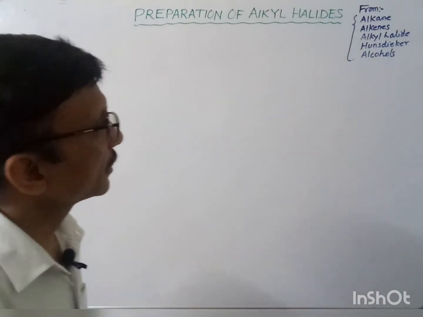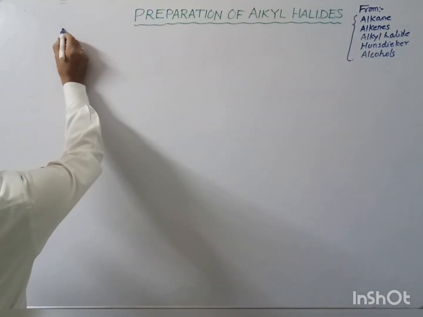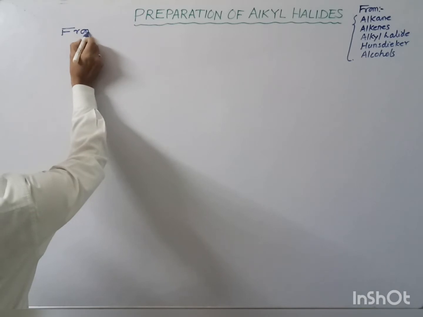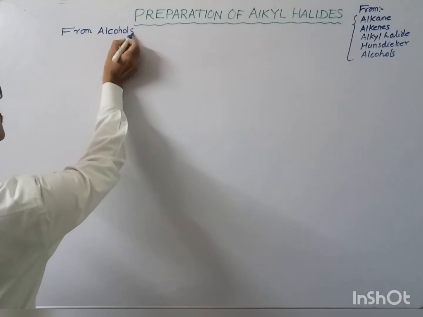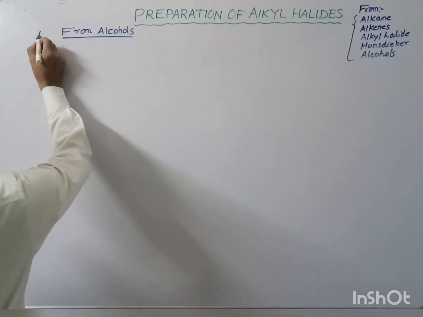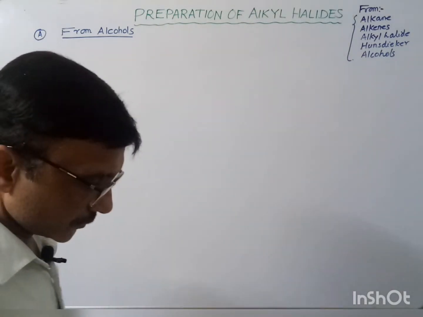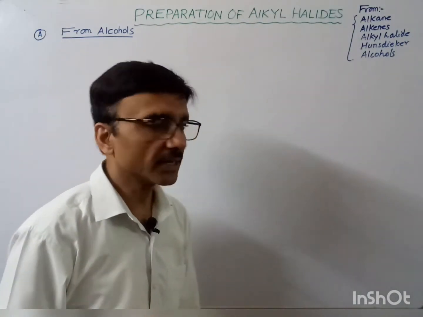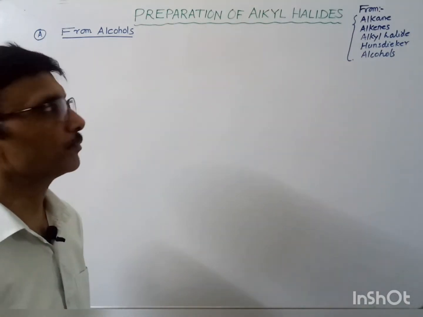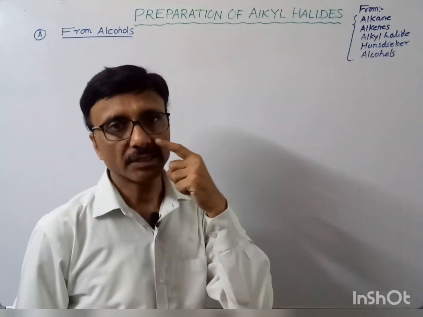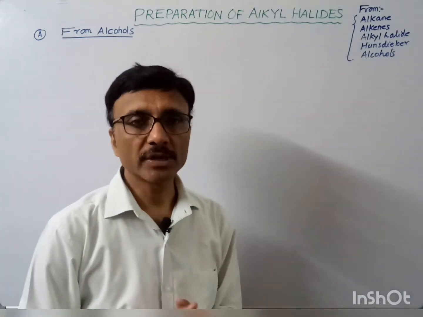First of all, I will discuss the preparation from alcohols. Suppose we have ethyl alcohol or any alkyl alcohol. Replacing the OH group by a halogen is not easy, because the OH group is a poor leaving group.